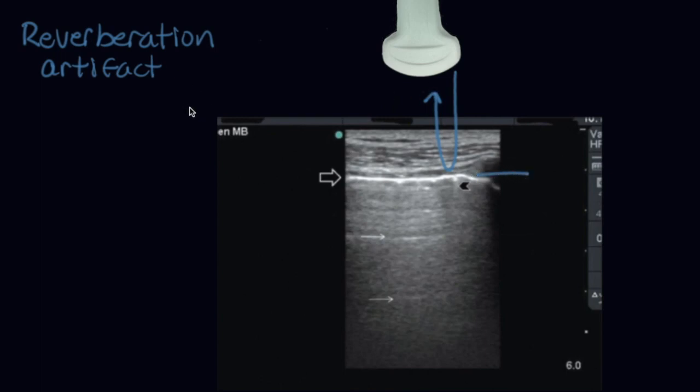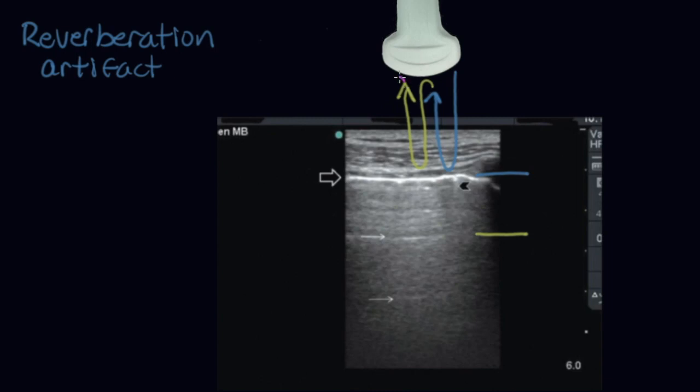However, it comes back to the probe with so much energy, it bounces back off the probe and goes into the tissue again. The machine does not recognize that this phenomenon is occurring and assumes that because it took the wave a longer time to return the second time, it should plot a line at a depth deeper to the original wave, resulting in a hyperechoic line deep to the first line.